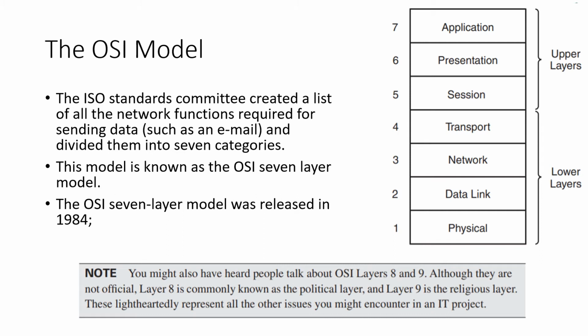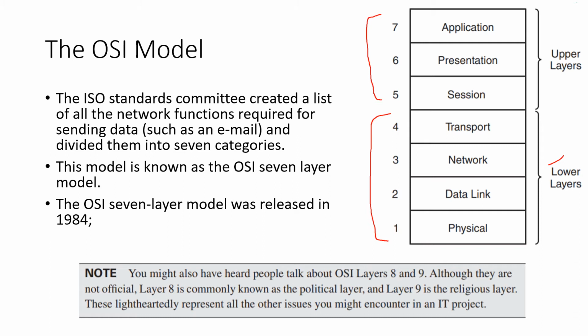Here you can see layer 1 to layer 4 is known as lower layer, and these are the upper layers because the control is in the hand of the user and the user can see what is going on. But in the lower layers we won't be able to see, and that's why these are the lower layers.